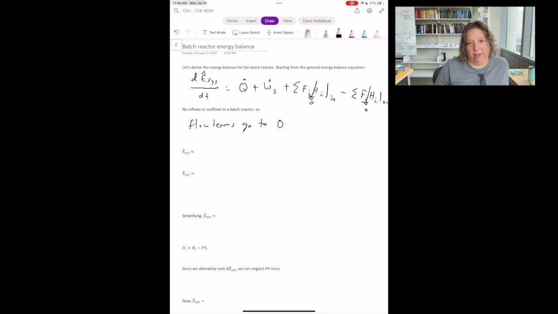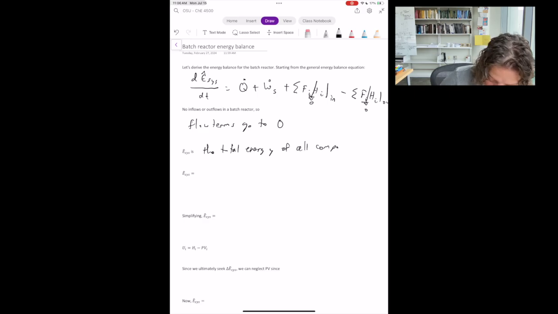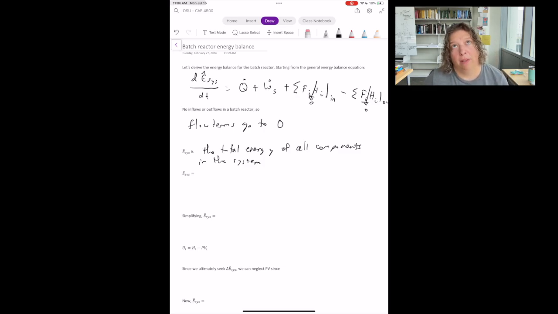In this expression, this E-sys term is going to be the total energy of all components in the system. And it's going to be equal to a sum then of all these energies. Each of the components has an internal energy, a kinetic energy, and a potential energy piece.